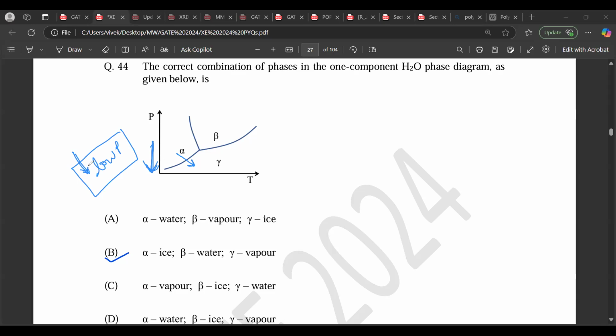Fewer gaseous molecules means less pressure. So at higher places, it's very easy to convert ice directly to vapor. That's the idea. Gamma is your vapor and beta is your water. If you remember your basics, you can easily answer this question.